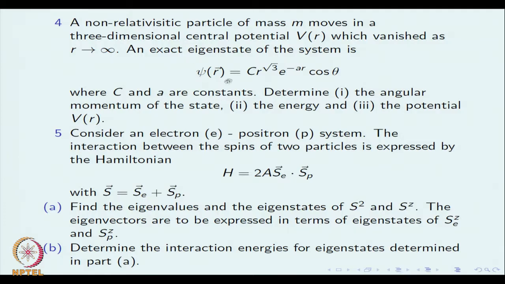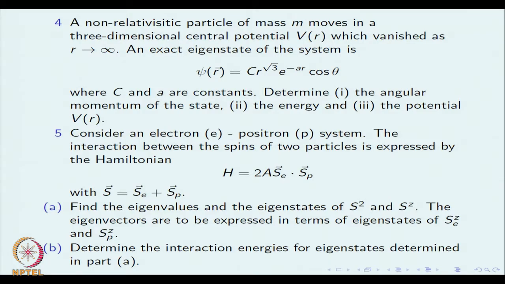In this problem the wave function or the eigenstate is given to you in terms of r, e raised to exponential of r, and cos theta, where c and a are constants, and you have to determine the angular momentum of the state, the energy of the state, and the potential V of r. So this problem is divided into 3 parts.